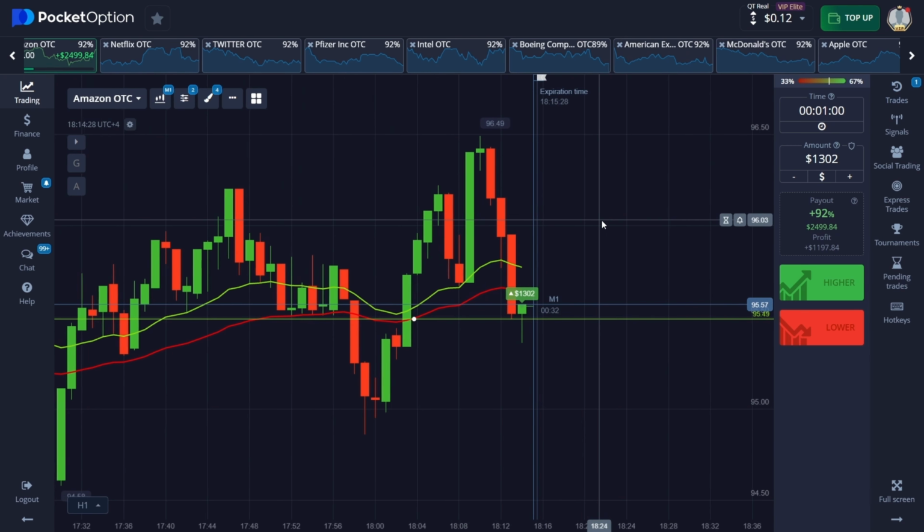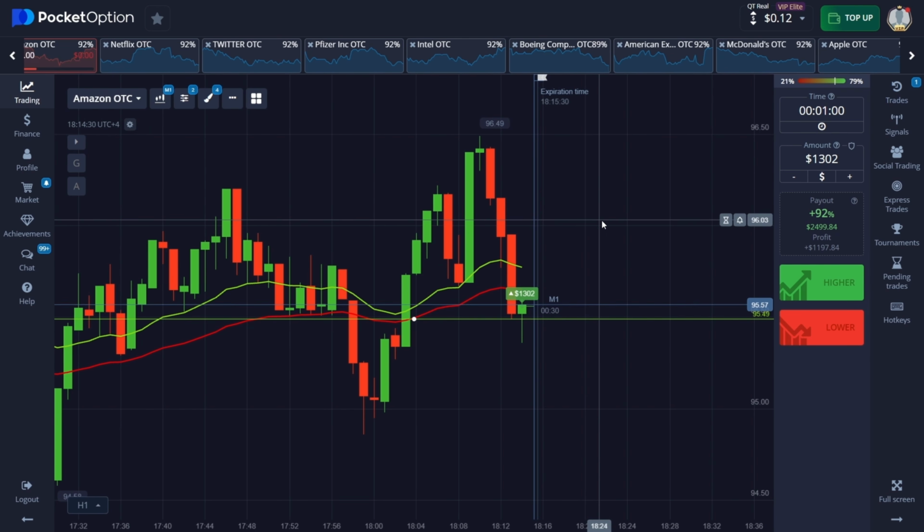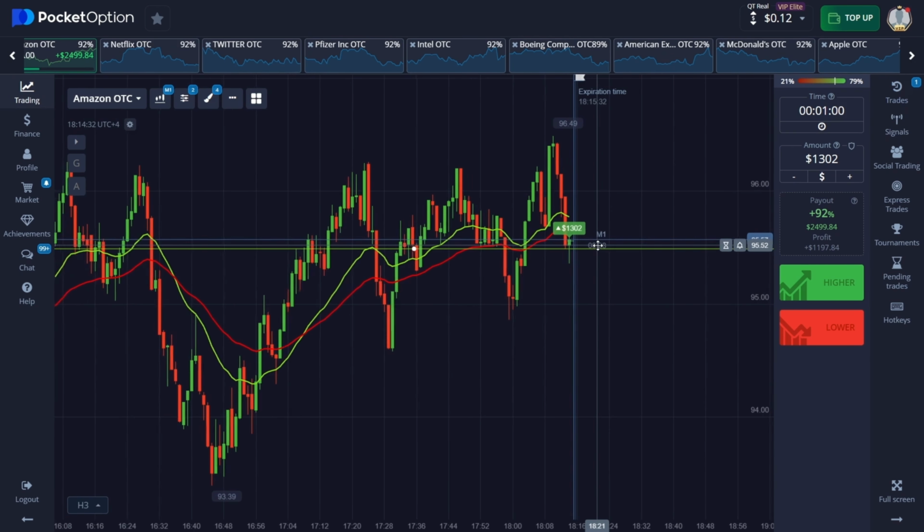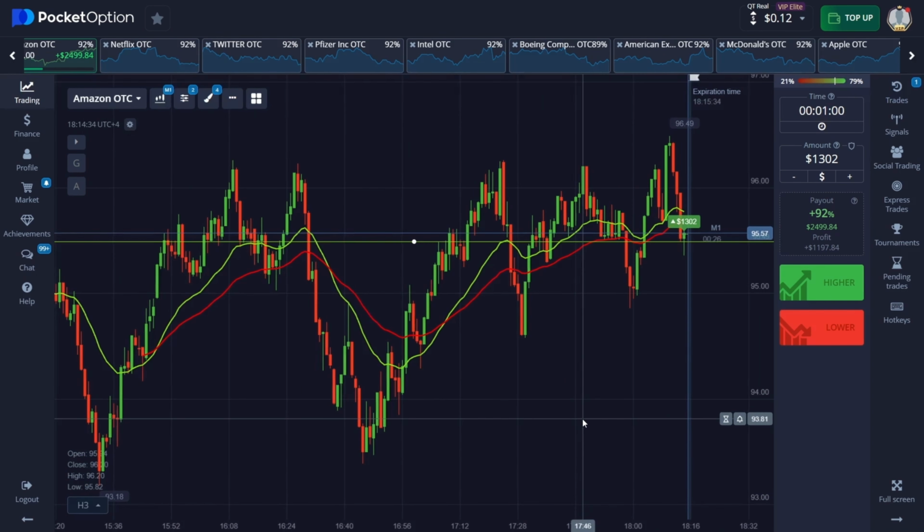The candle turned into a green candle, and the trade is now in our favor. With only a few seconds left, the trade is going well. Sometimes it's a win, sometimes not.